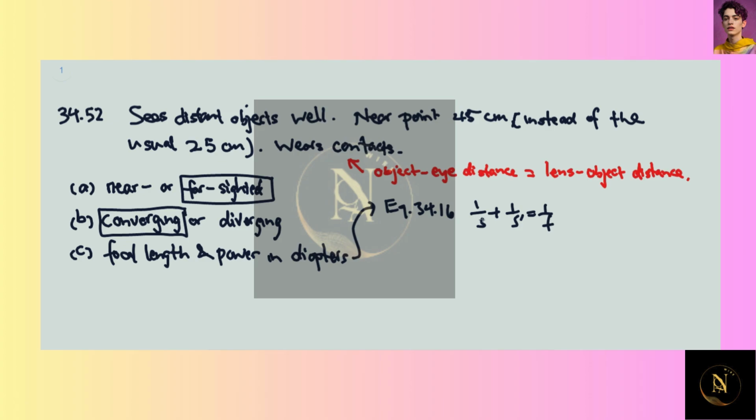What happens here is that when a person is looking at a close object, say at the usual 25 centimeters, we want to correct that near point from the far distance, 45, to 25. So the object distance is 25 centimeters.